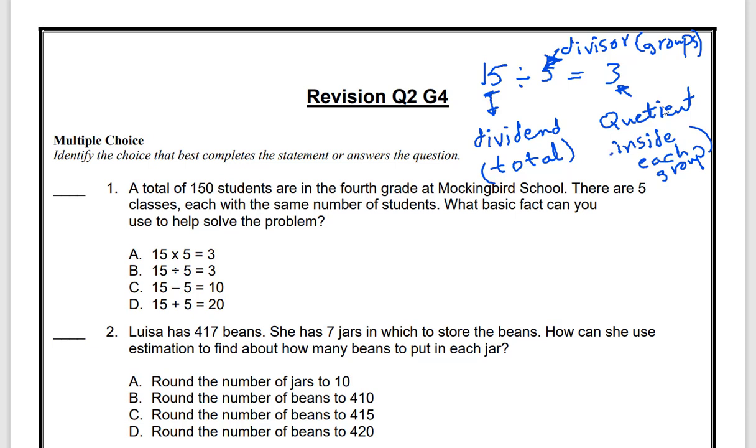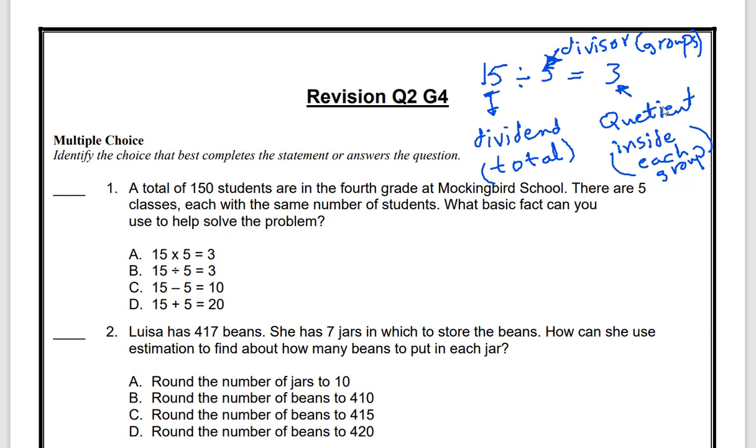So we can deal with division as sharing. We represent it as a total number and number of groups, and the answer is the number inside each group. So my heroes, let's consider this.